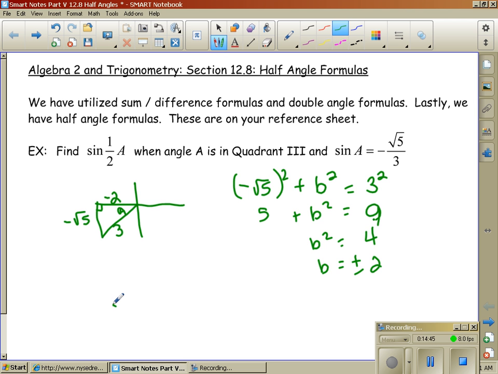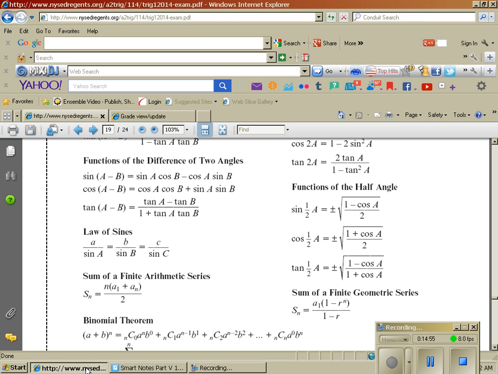Okay. So, half angle, you're just going to the formula sheet. The sine of 1/2 A equals plus or minus the square root of 1 minus cosine A over 2.